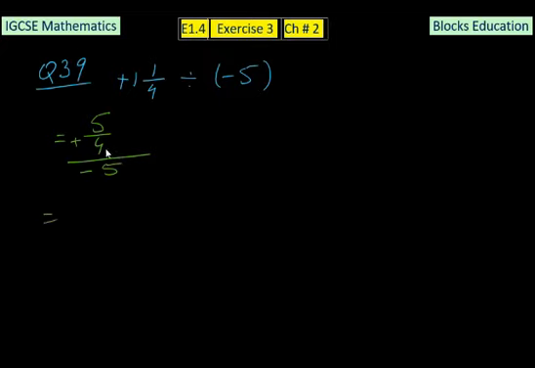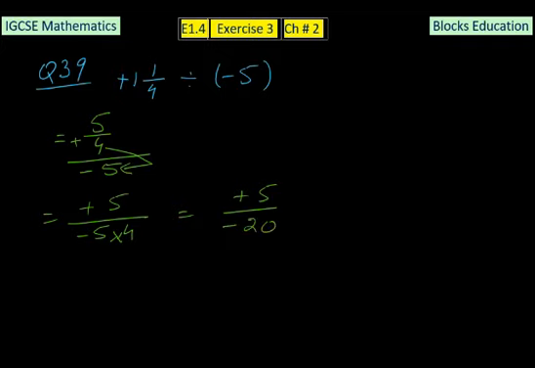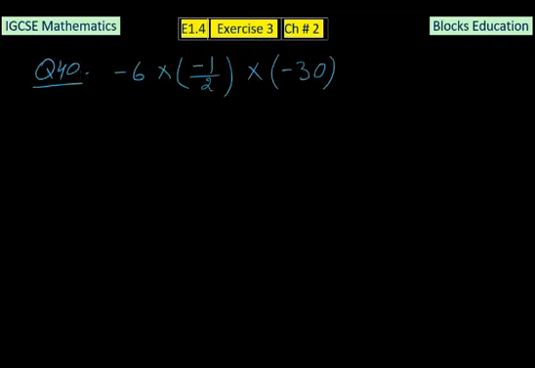So once again, we know this rule, if you have a first denominator, it will multiply with this number, so it will be plus of 5 over minus of 5, which is already there, and this 4 will come down and multiply with this 5. So it means that plus 5 over 5 fours are 20, it will be minus 20, and we know that 5 ones are 5, 5 fours are 20, so the answer will be, and the plus divided by minus or plus multiplied by minus makes minus, so the answer is minus 1 over 4.